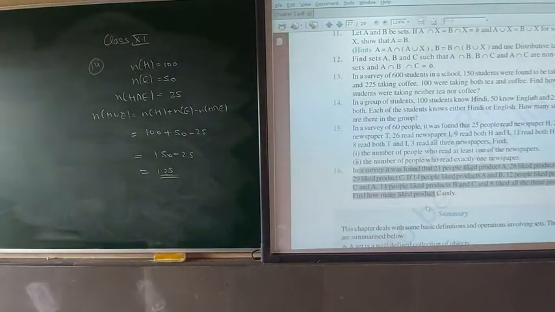Question 16: in a survey it was found that 21 people liked product A, 26 liked product B and 29 liked product C. If 14 people like products A and B, 12 like C and A, and 14 like B and C, and 8 like all three products, how many like product C only?